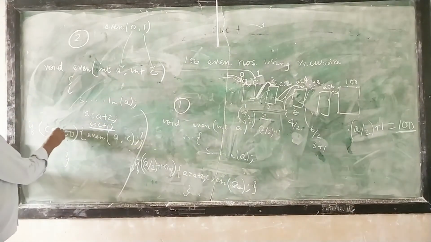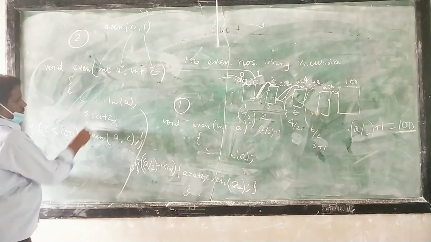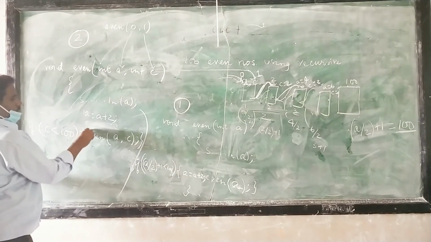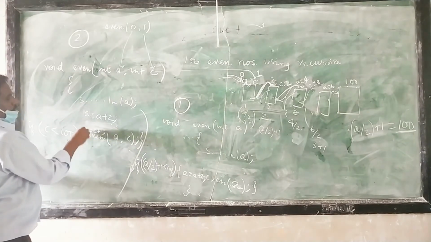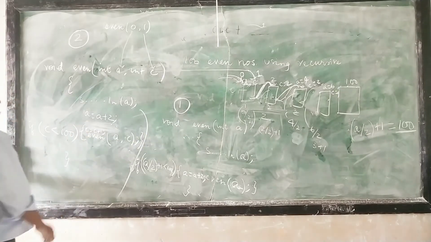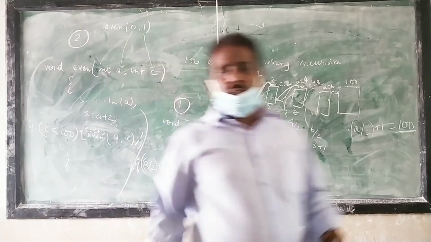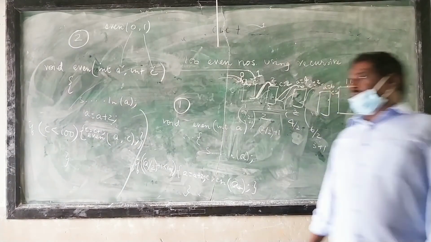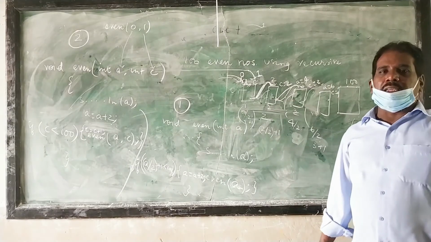So c equal to c plus 1, we can push within the condition, or we can adjust it here. Like this we can do. So this is another method of printing the first 100 even numbers.